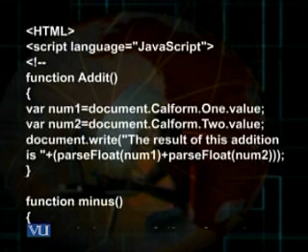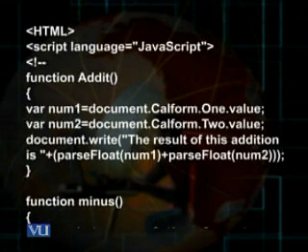We start with the HTML tag, then there is the script tag, language JavaScript, because I want to apply JavaScript, and then the function addIt, and there are 3 statements within the curly brackets in this function. In the first statement, I have defined the variable whose name is num1, and the value of num1 is document.callform.1.value.